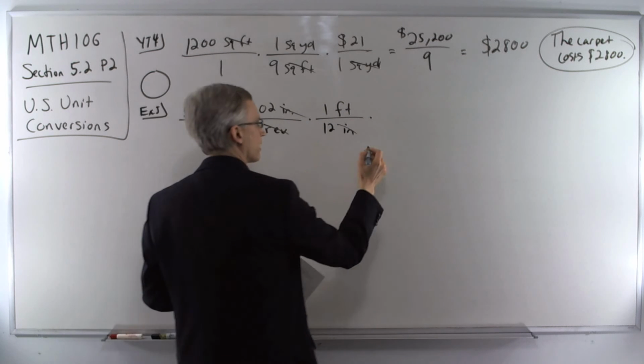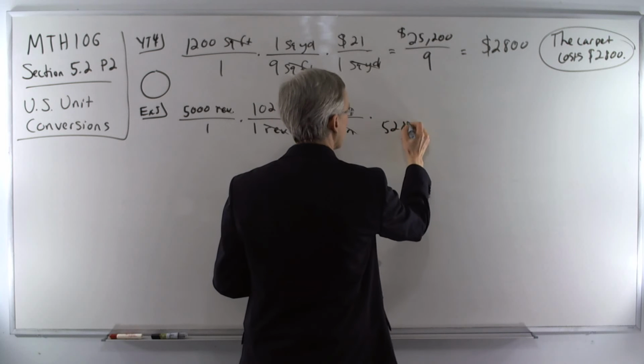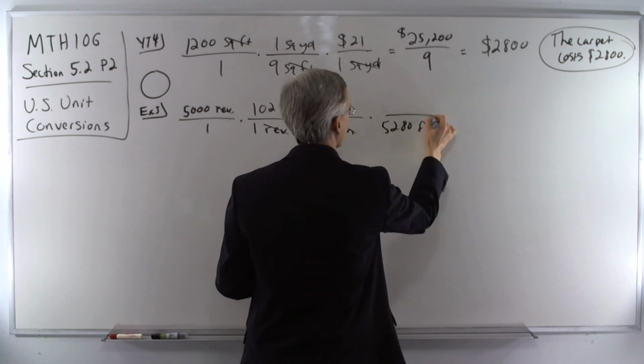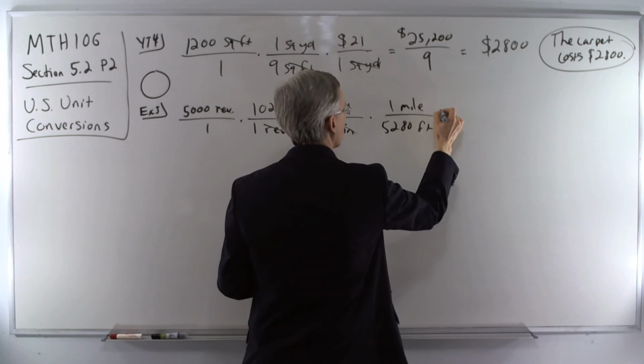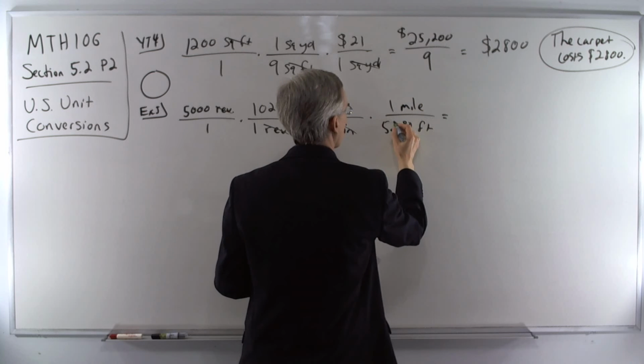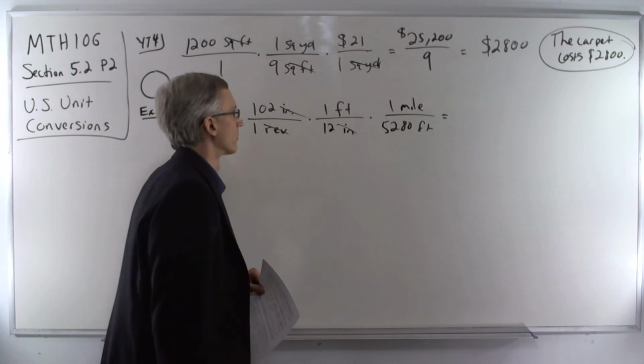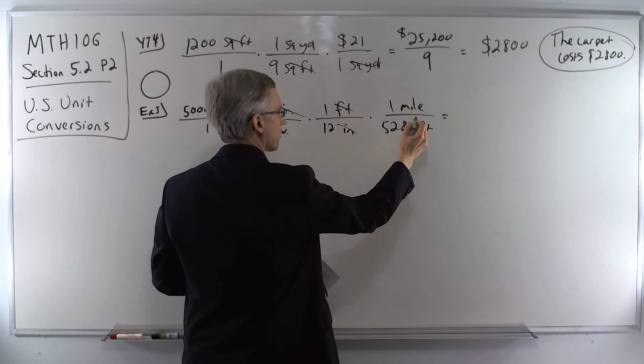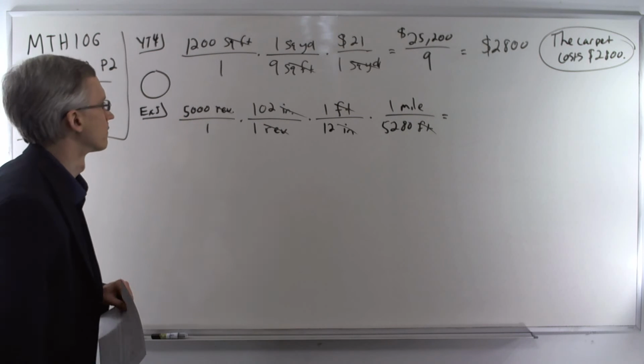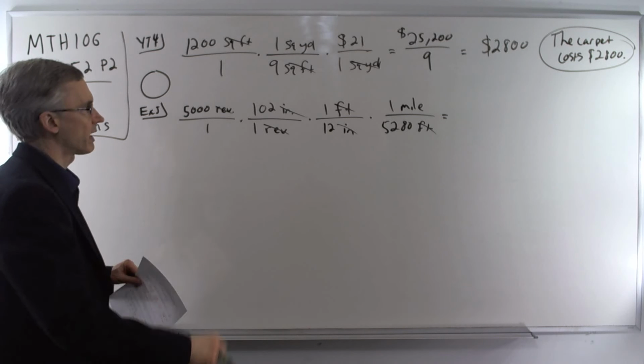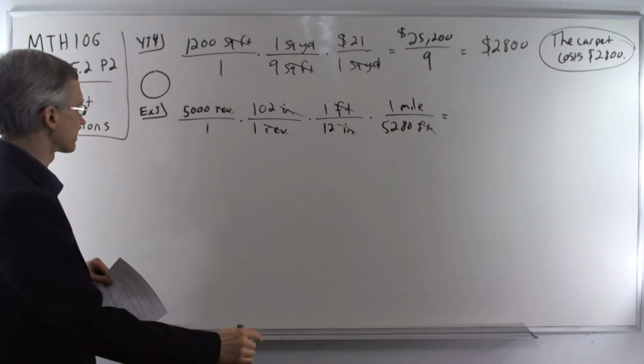Now we're going to go from feet to miles. So that is 5,280 feet in 1 mile. Feet on top, feet on bottom, those cancel. All the units are gone except for miles, and that's exactly what we were looking for. So we have it set up correctly.